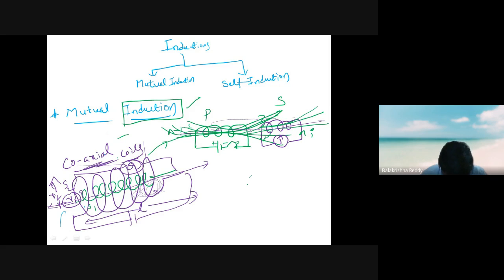Now, coming to this. Inner coil S1, radius R1, and the number of turns per unit length is n1. In the same way, for the outer coil S2, radius R2, and the number of turns per unit length is n2.